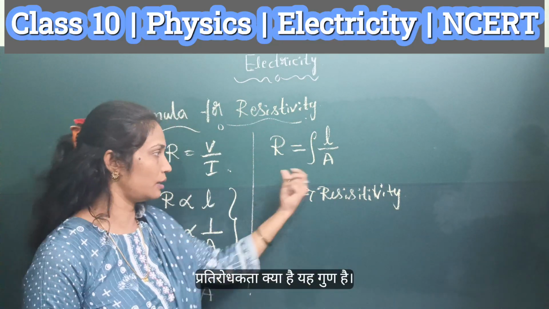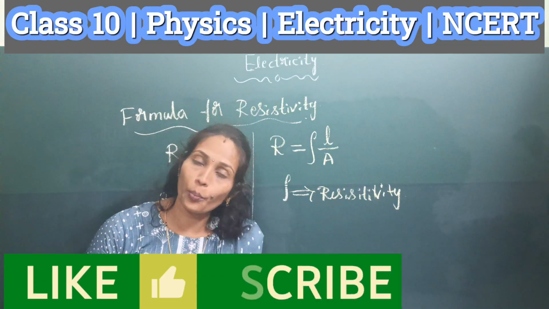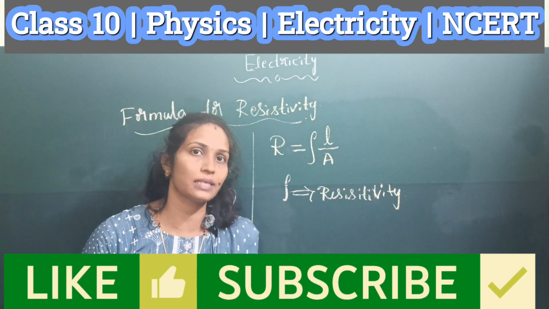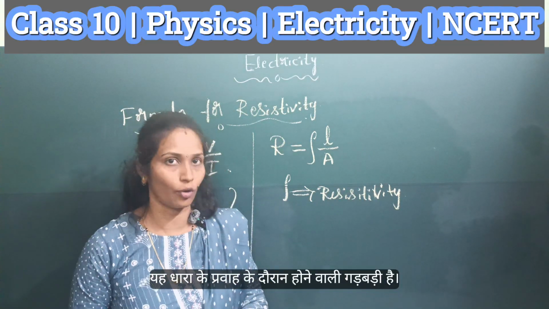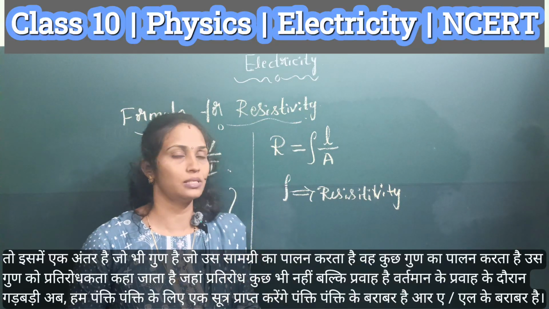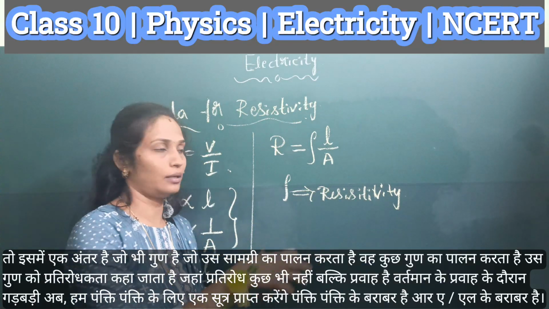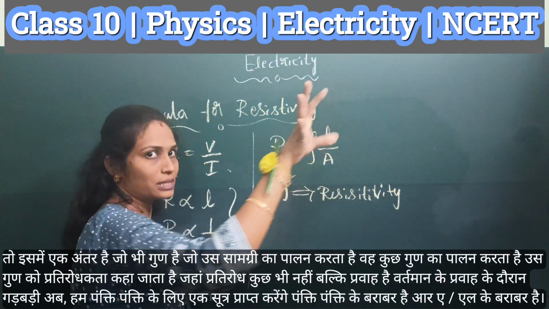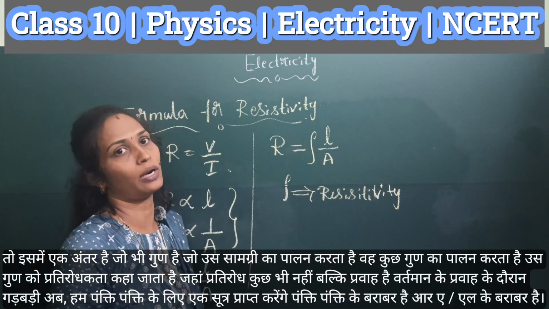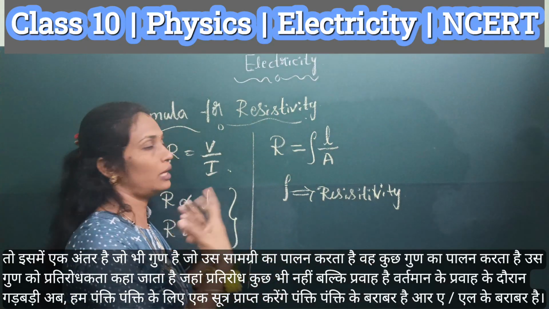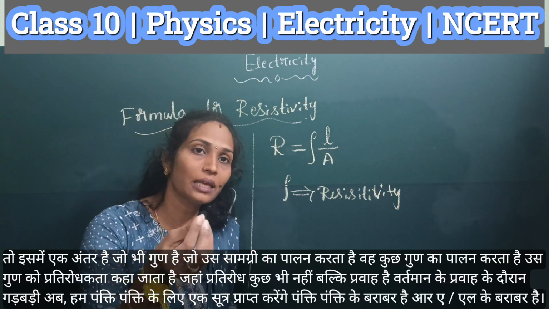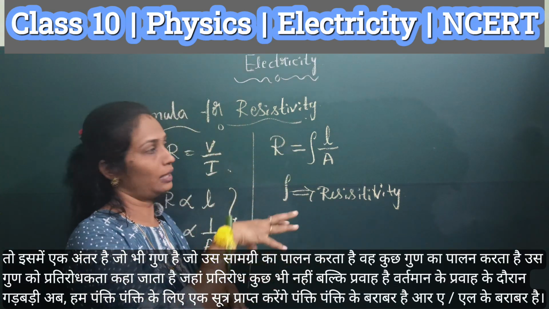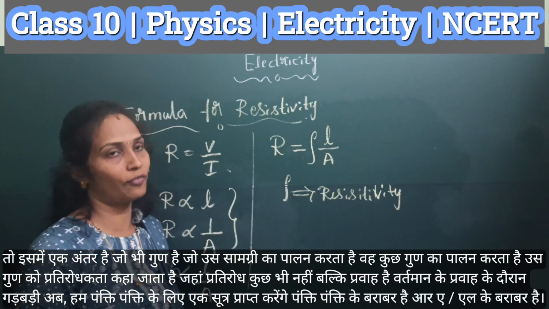What is resistivity? It is the property of a material. And what is resistance? It is a disturbance during the flow of current. So there is a difference. Whatever property a material obeys is called resistivity, whereas resistance is the disturbance during the flow of current.